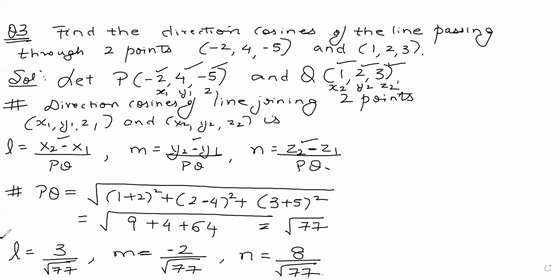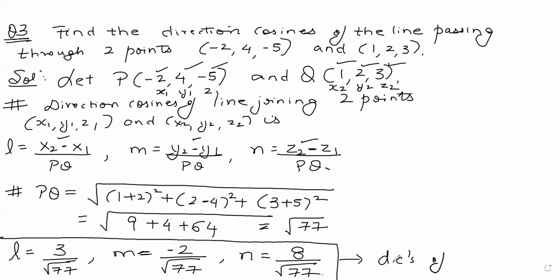These are my direction cosines of the line. So again, we have directly applied the formula which we had learned today, how to find the direction cosines of a line passing through 2 points.